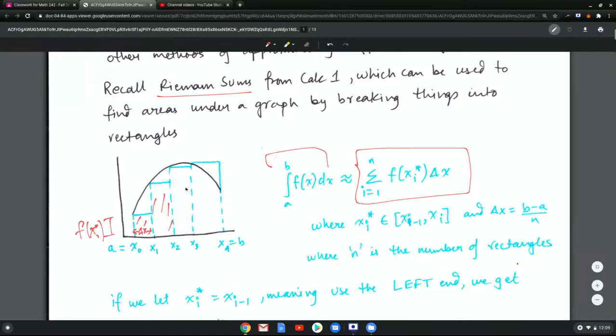So you're finding the area of each of these rectangles, and saying it's approximately equal to the area under the curve. When finding a Riemann sum, we say that this xi star is between x(i-1) and xi. So we take any sample point we want as the height. And then delta x is b minus a over n, where b minus a is your total length, and n is the number of rectangles used for the approximation.